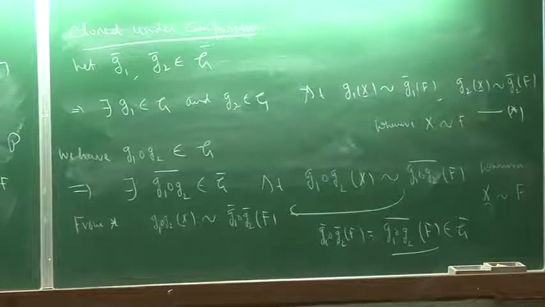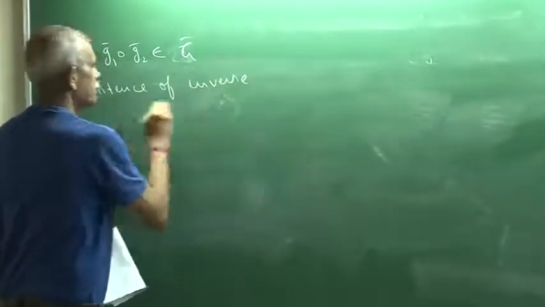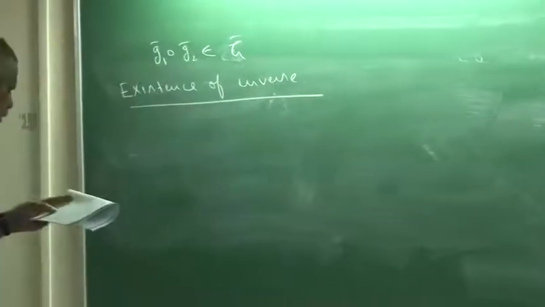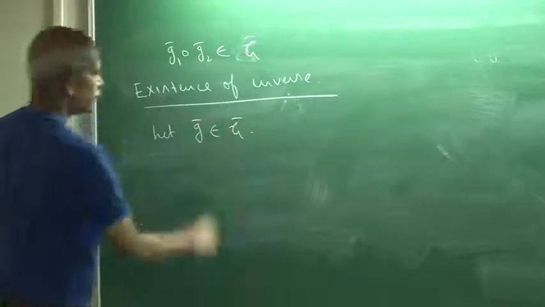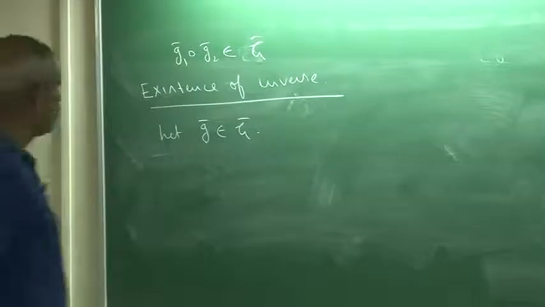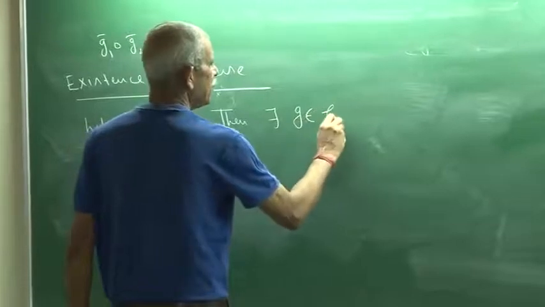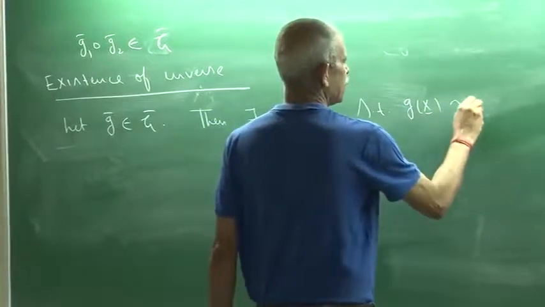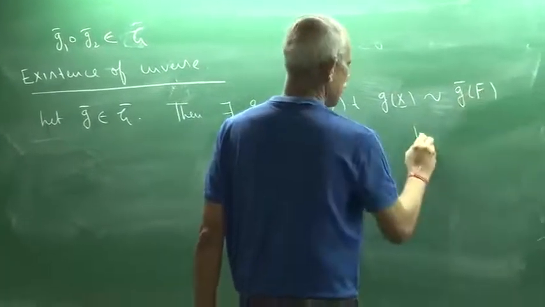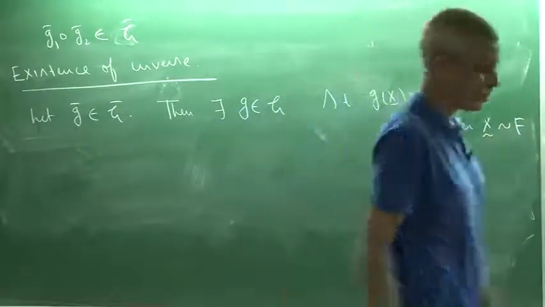Now, what remains to show is the existence of inverse. So let G bar belong to G bar. Then by definition of G bar, there exists a G belonging to G such that Gx has distribution function G bar f whenever x has a distribution function f.